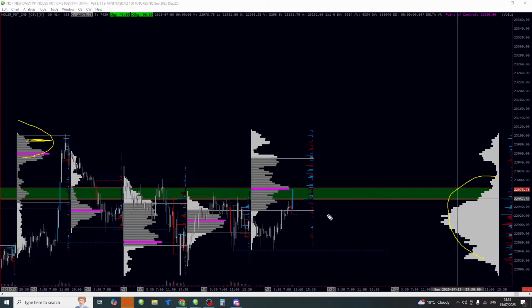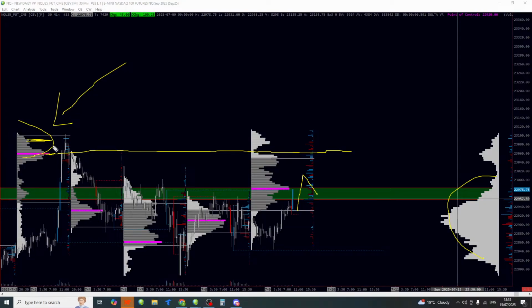So when price breaks out of this and rejects it, where is price going to go towards? It's going to go towards this area where we had the point of control, which means this is the area where the most contracts have traded. This is going to be your target, because it means buyers and sellers were happy to transact at this price.